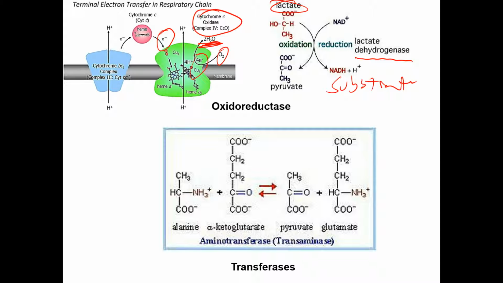And the activity of that enzyme, what it's going to do. It's a dehydrogenase, so it's going to remove hydrogens from lactate, which is what takes place. The hydrogens are removed from it, and they get transferred to NAD+, and you get NADH.